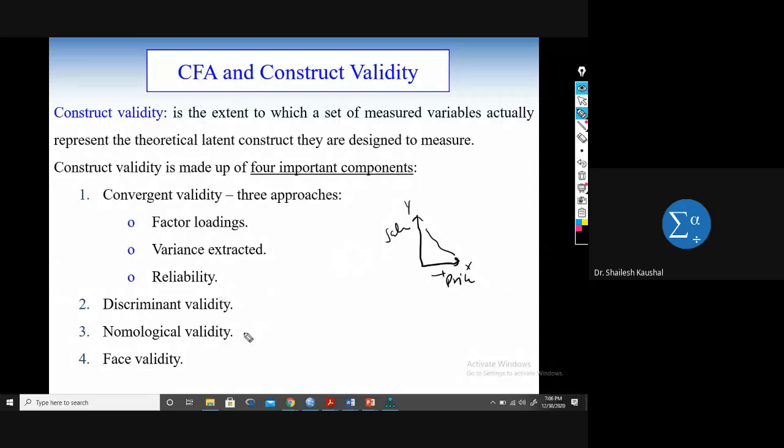Now, nomological validity: whatever theory we are taking, the theory says you reduce the price and sales will be higher.